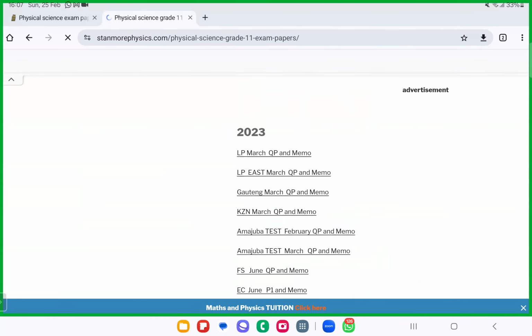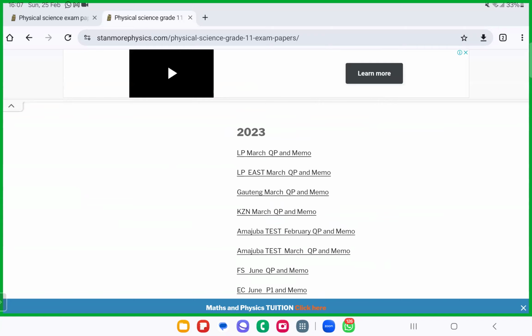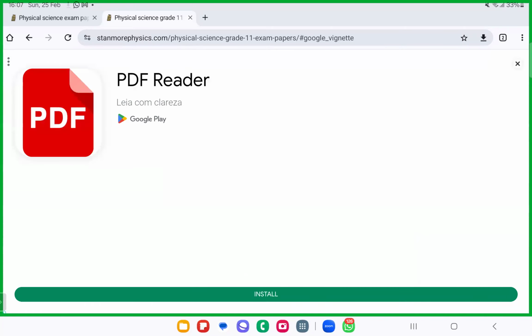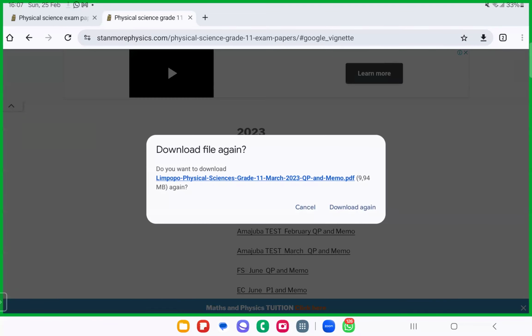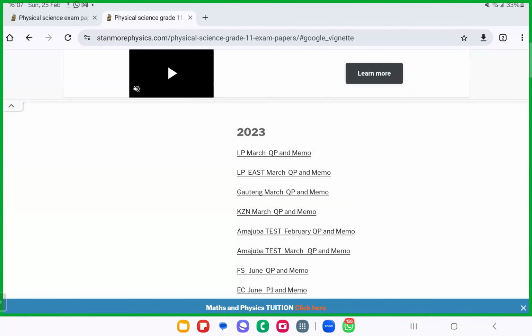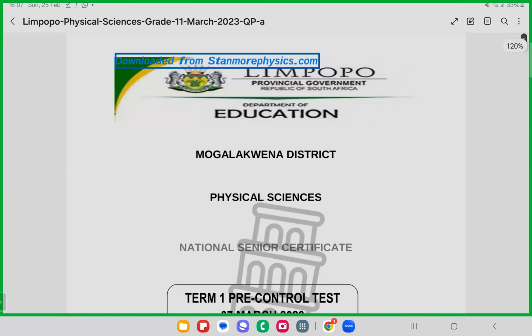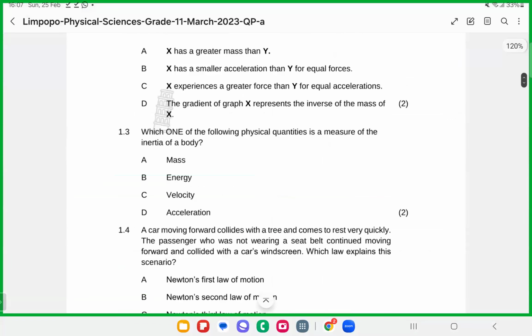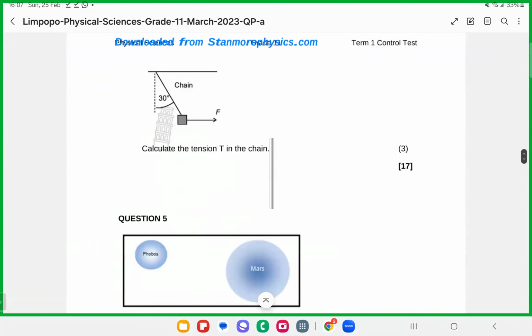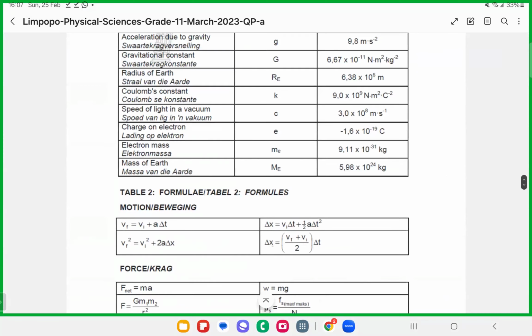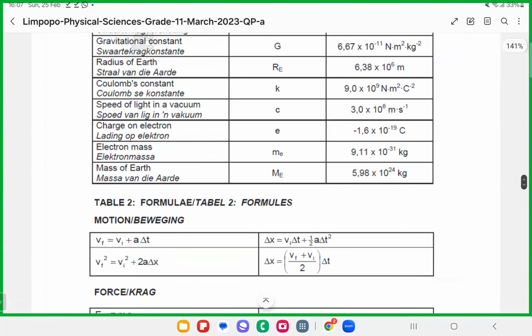So if I just go to any paper, I should be able to pull out those two constants. Yeah, it's taking pretty long. All right, so here they gave us 5.98 times 10 to the 24.